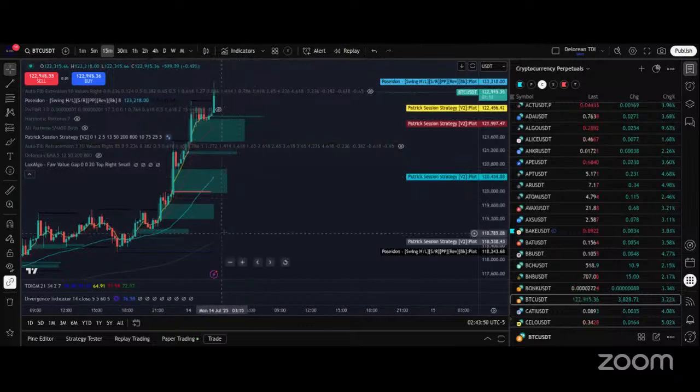So there's plenty of places for it to drop down to. But at this point, because of where price is, each one of these areas are areas of support. So it's going to have to break through all of this to decline in price.